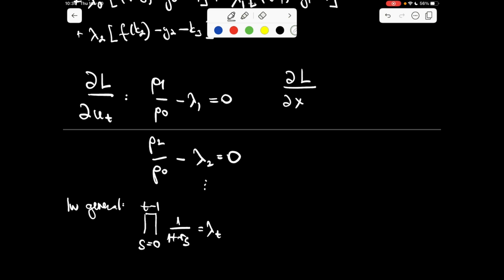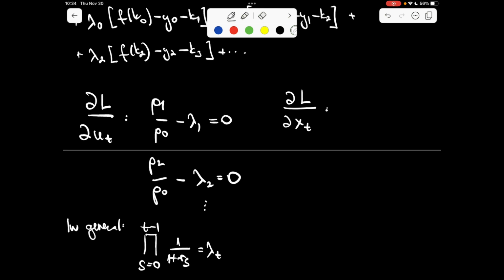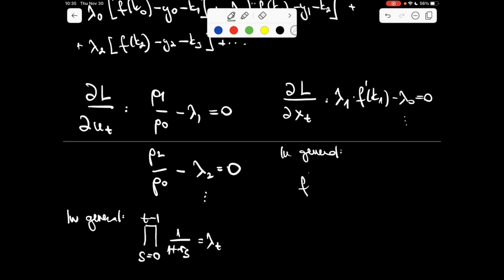And we also, following Tom Sargent's treatment and formulation, we also need to derivate the Lagrangian function with respect to the state. In general, this is what we have. Okay.